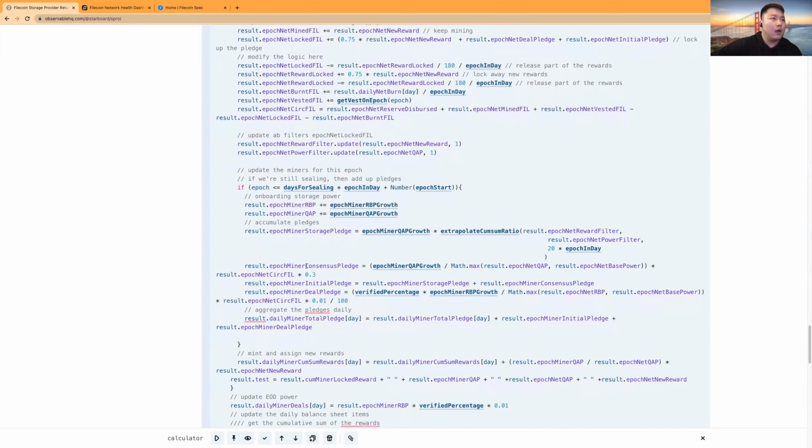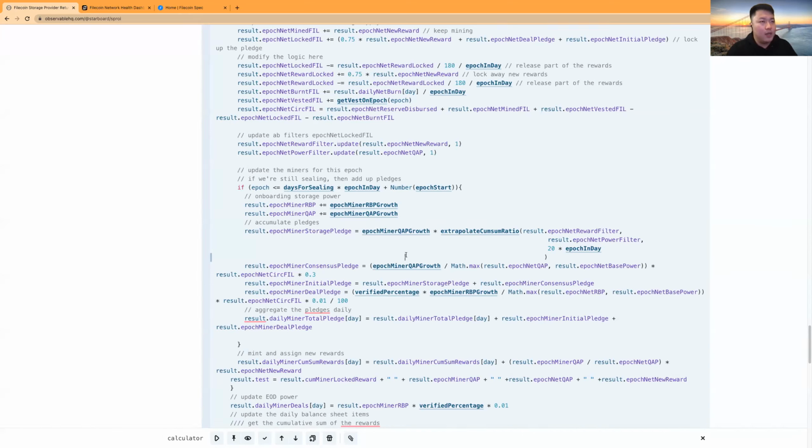So as I said, from the pledge perspective, when you're trying to calculate a consensus pledge, for a particular time epoch, how is the consensus pledge calculated?